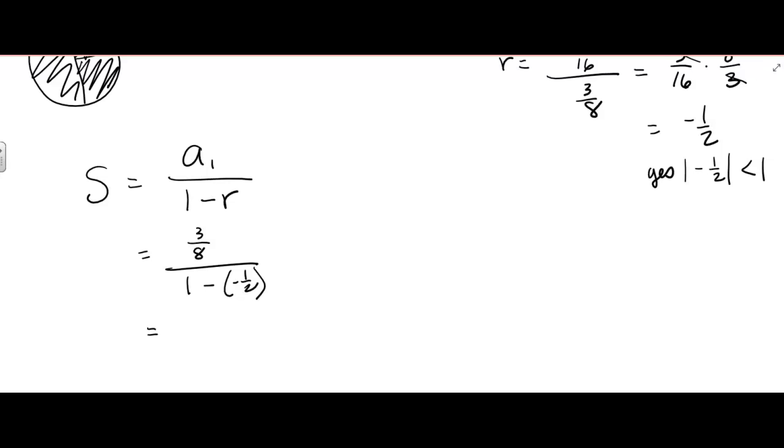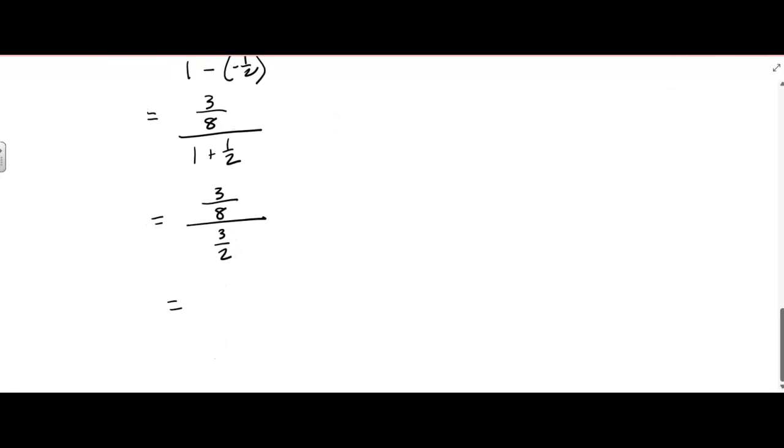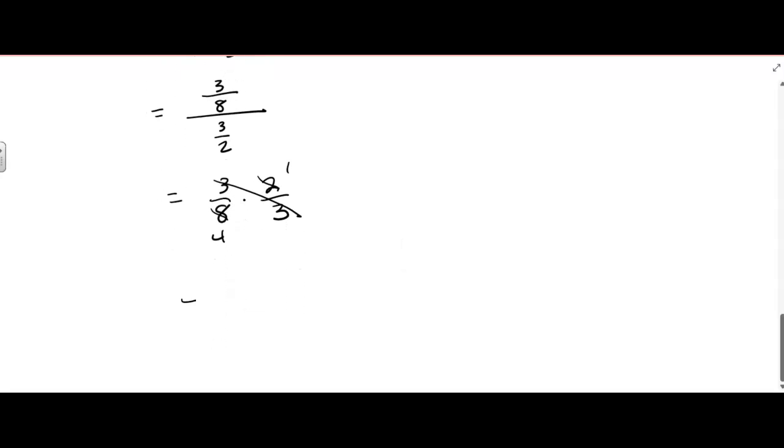Okay, so you're going to have 3/8 over 1 plus 1/2, which is 3/2. Okay, so keep, change, flip, and the 3's cancel. 2 goes into 8 4 times. So you're getting 1/4. Okay, so that is the sum of the infinite geometric series that we had, 1/4.